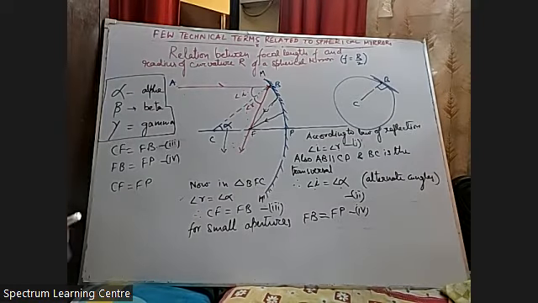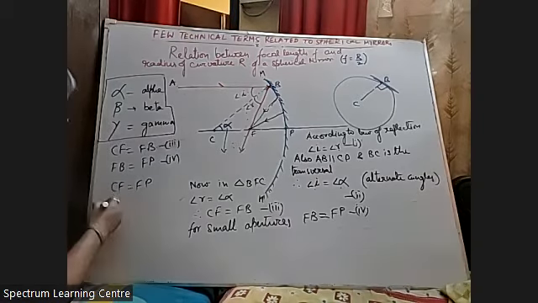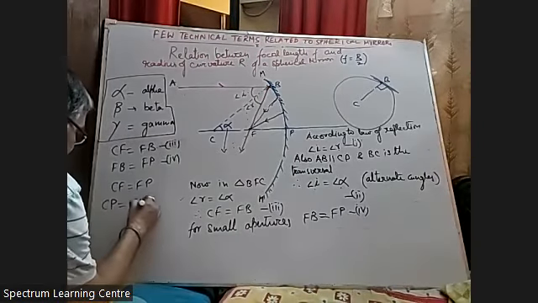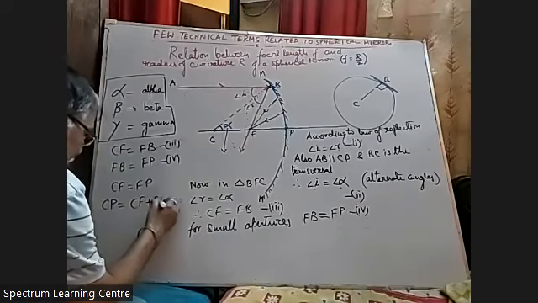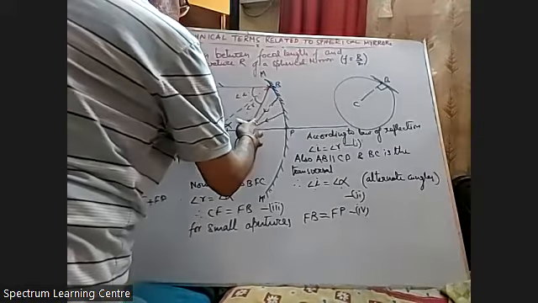Better understand this once, cool-headedly. CF is equal to FB, FB is equal to FP. Can I write CF is equal to FP? Yes. CF is equal to FB and FB is equal to FP. Therefore, CF is equal to FP, or not? Now, can I write CP is equal to CF plus FP, because this CP is CF plus FP?